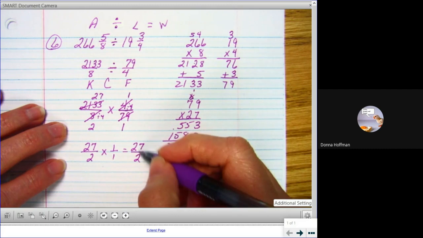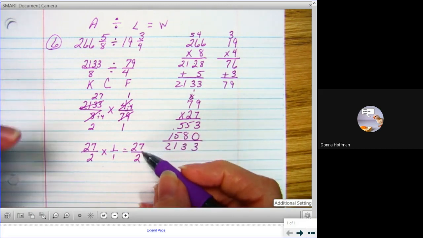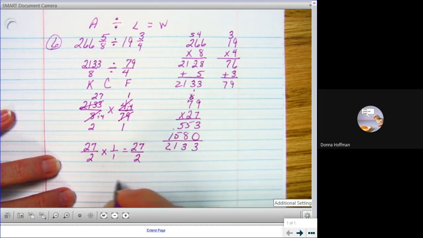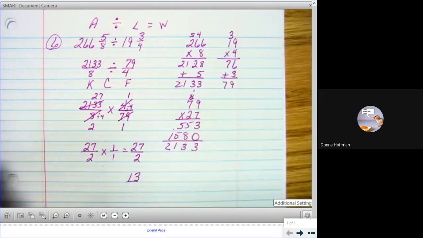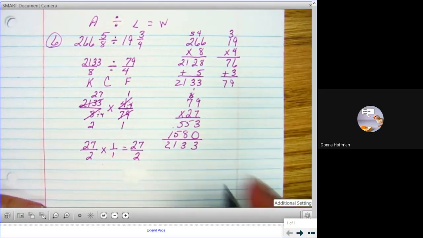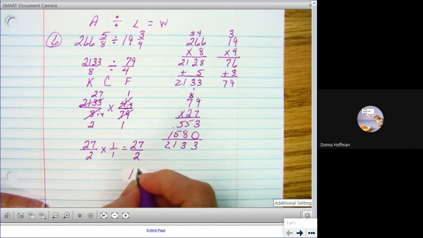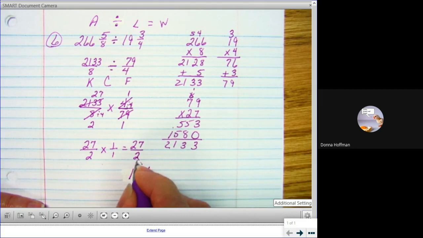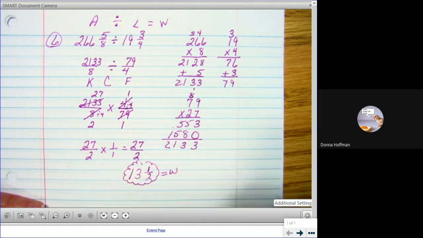I know it's going to be more than 10, so 2, 4, 6, it's going to be 13. 13 is my whole number. So 13 times 2 would be 26. It uses up 26 of them, and it leaves 1 left over. So my width is going to be 13 and a half.